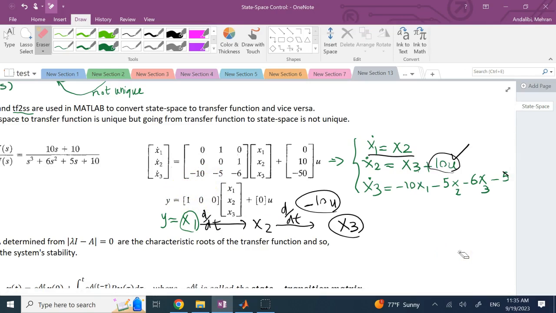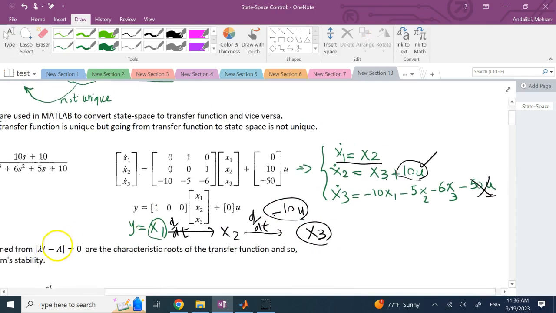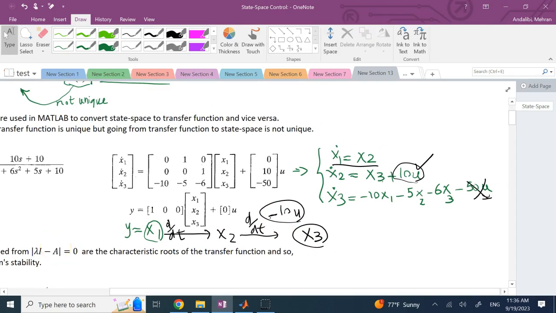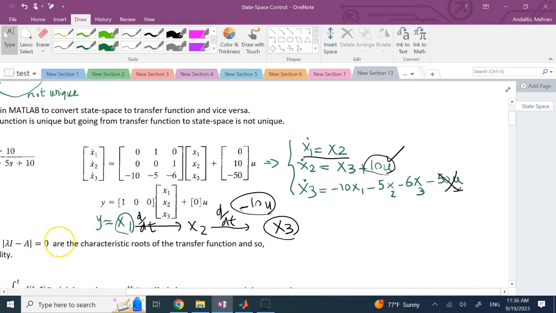So we disconnect the relation between output, input, and one of the states, so that one state is not accessible or not affecting the output at all. Okay, so you define output in a way that one state is not really showing itself in it.